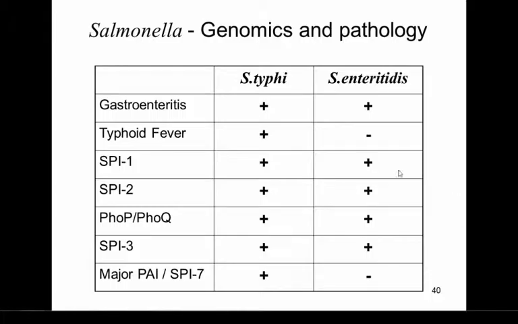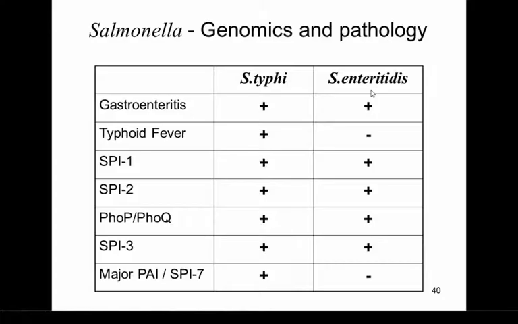If you look at the subspecies that cause gastroenteritis, Salmonella enterica enteritidis, and Salmonella enterica Typhi that causes typhoid fever, they both have SPI1, SPI2, PhoP, PhoQ, and SPI3. Both of them traverse the gut epithelium. Both of them can survive inside macrophages. But that's not enough to allow this bacterium to cause typhoid fever.